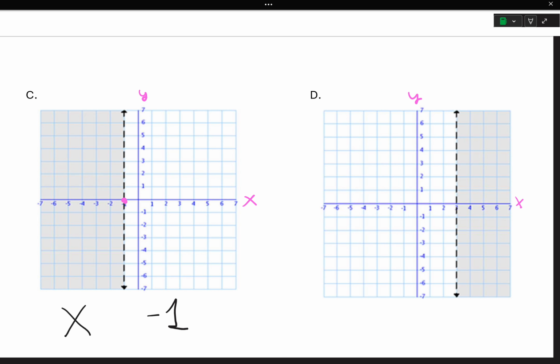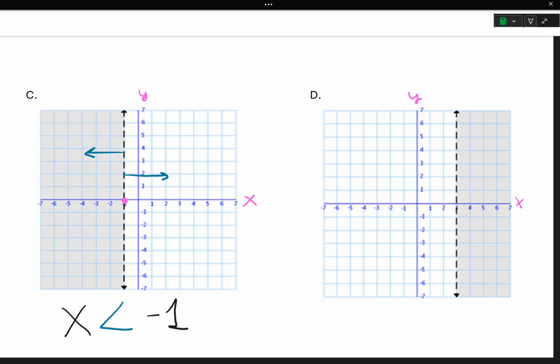Let's decide if it's greater than or less than. Is the shading on this graph where x is getting larger or where x is getting smaller? Hopefully you can tell that the shaded area is to the left of this dashed line, which means that's where the numbers are getting smaller. So x is less than -1. Since it's a dashed line, I will not be putting a line underneath my symbol.